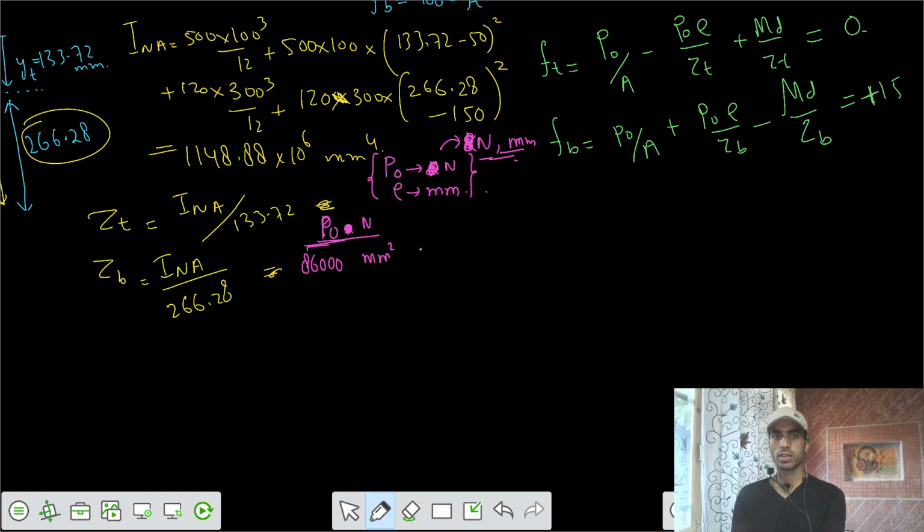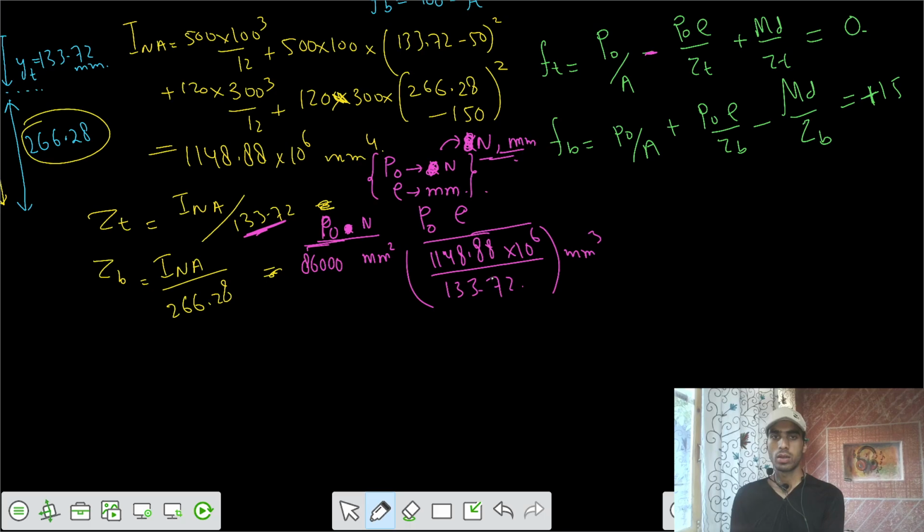So the first case is there, and the second one is there, minus P naught times eccentricity E, we don't know the value of E, divided by Z top. Z top is equal to I neutral axis divided by Z top, that is 133.72, and this unit is millimeter cube.